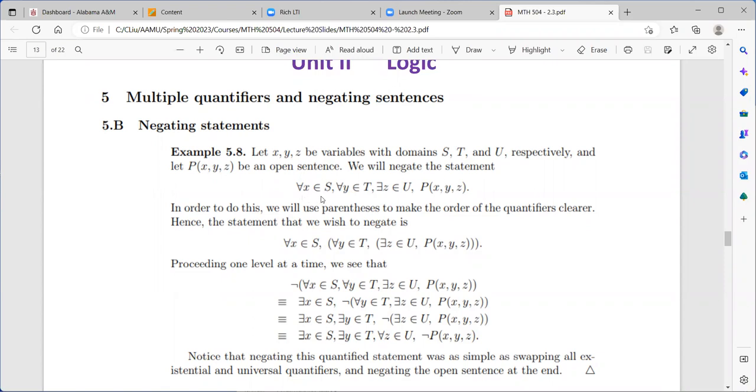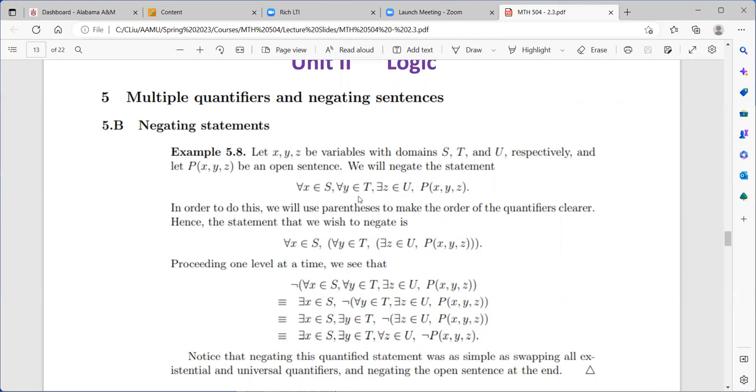For example, we can make a statement: for any X in S and for any Y in T, there exists some Z in U such that P of X, Y, Z is true. Okay. So how do you negate this statement? We have several layers in this statement, so we can break it down into several steps when we try to negate it.